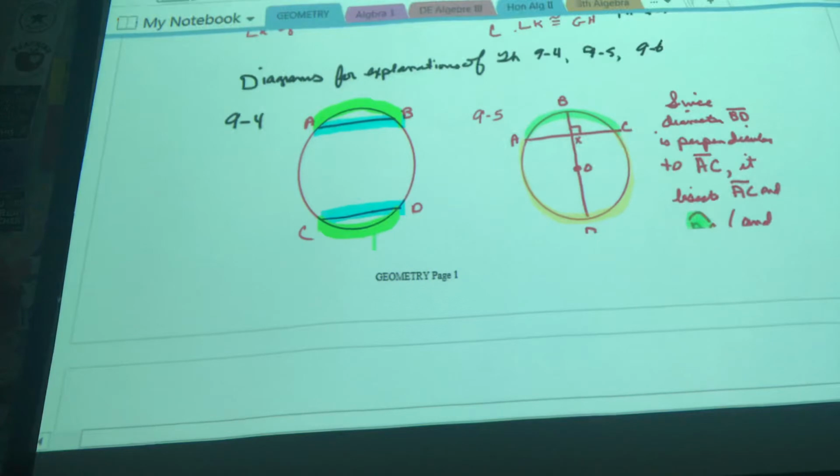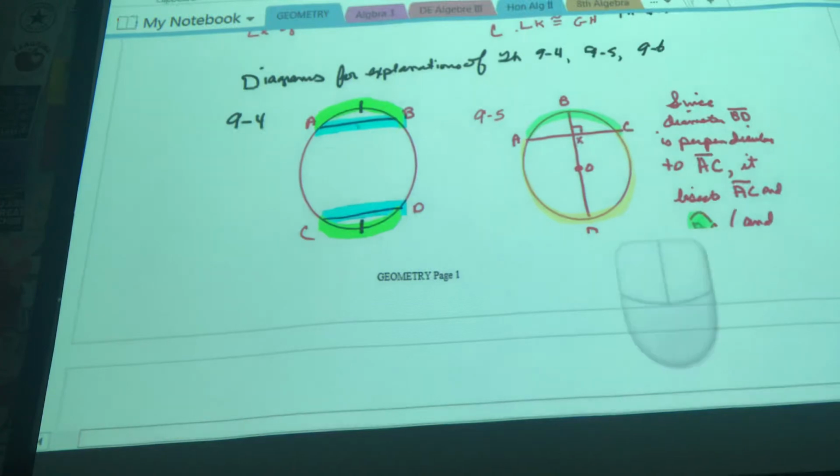In the same circle or congruent circles, Theorem 9.4 states that congruent arcs have congruent chords and congruent chords have congruent arcs. So, if arc AB was congruent to arc CD, then chord AB will be congruent to chord CD, and vice versa.